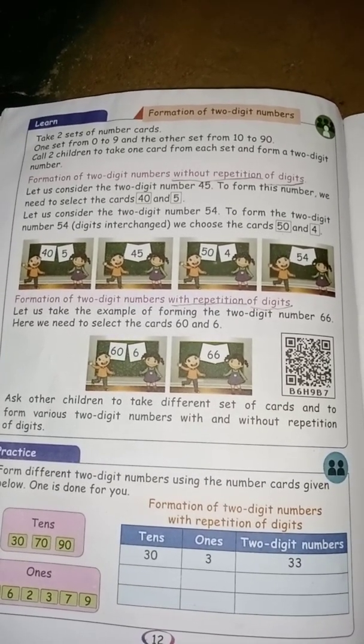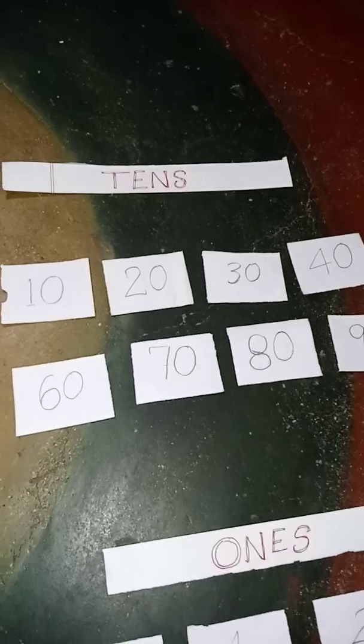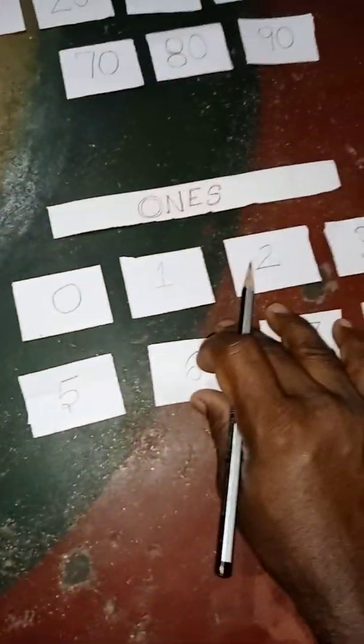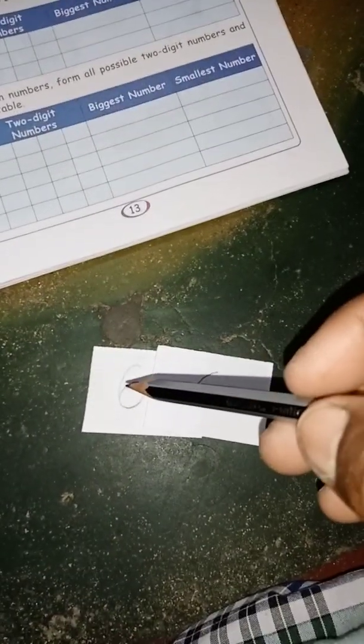We need to select the card 60 from tens place and 6 from ones place. 60 plus 6 equals, what is the answer? 66. So ones place and tens place have the same digit.